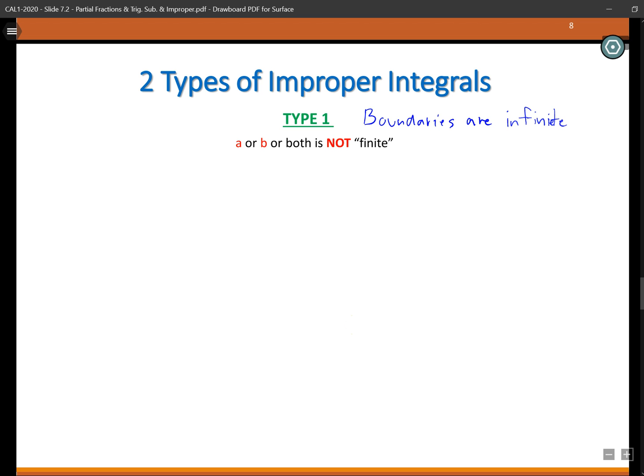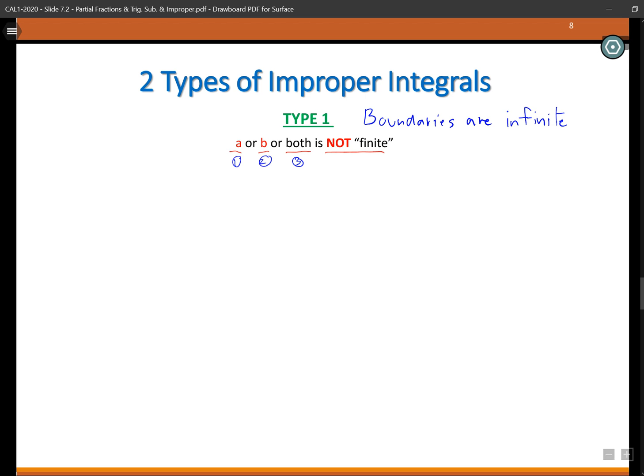Okay. Let me fix that. So we are looking at the cases when A or B or both is not finite. So we are looking at three scenarios here: 1, A not finite. 2, B not finite. And 3, both are not finite.